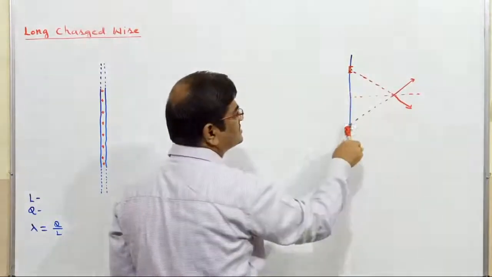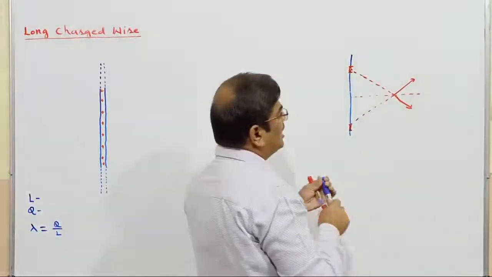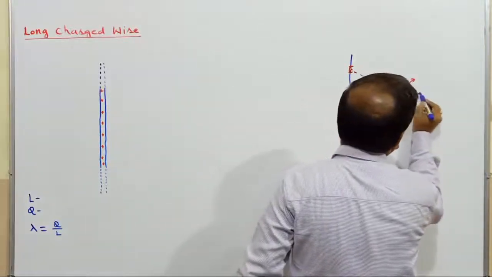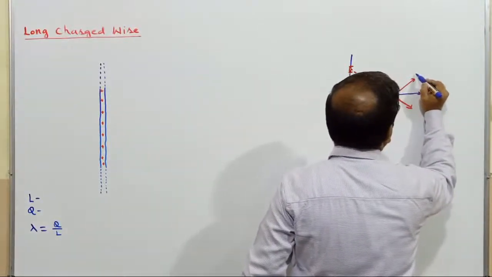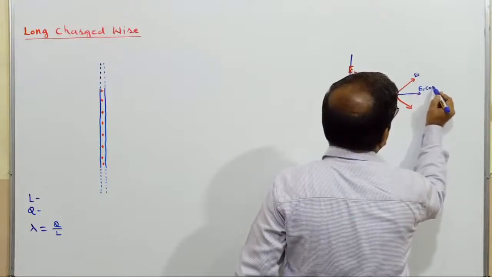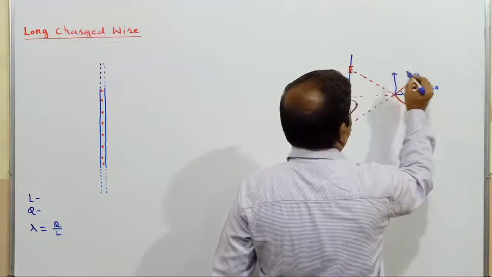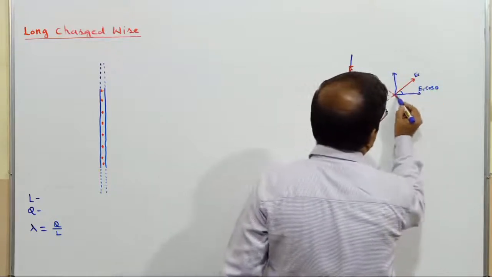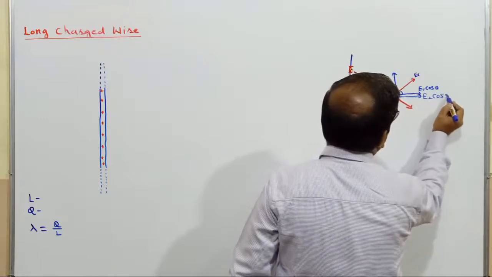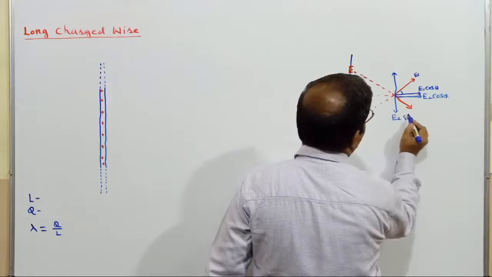These distances are same, so the angle is same. I can resolve these electric intensities. If I call this E1, I'll get E1 cos theta and E1 sin theta. Similarly I will have E2 cos theta and E2 sin theta.